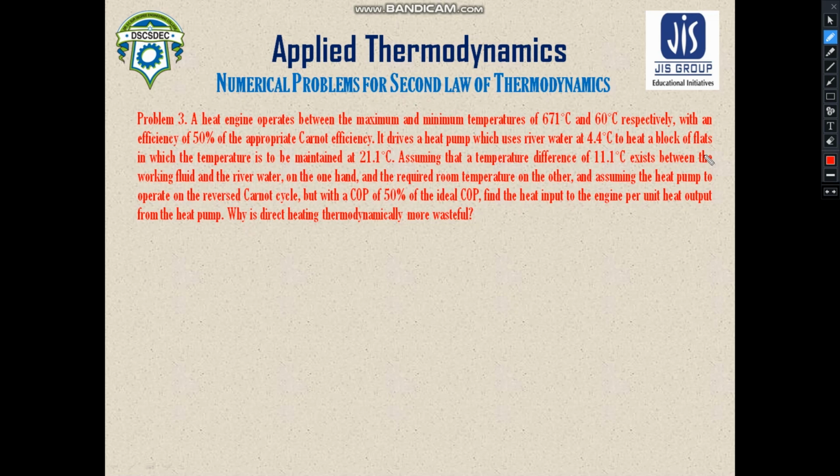Assuming that a temperature difference of 11.1 degrees Celsius exists between the working fluid and the river water on the one hand and the required room temperature on the other, and assuming the heat pump to operate on the reversed Carnot cycle but with a COP of 50% of the ideal COP, find the heat input to the engine per unit heat output from the heat pump.